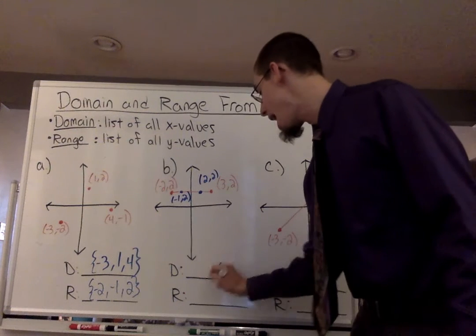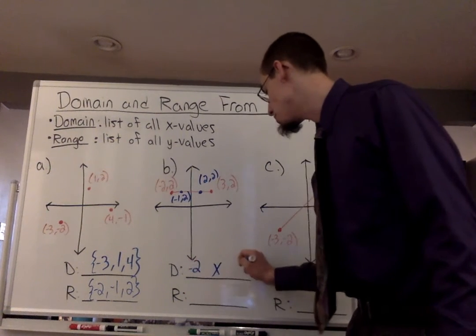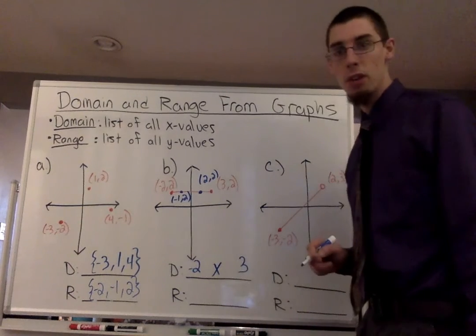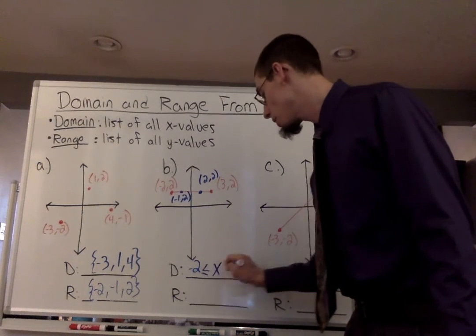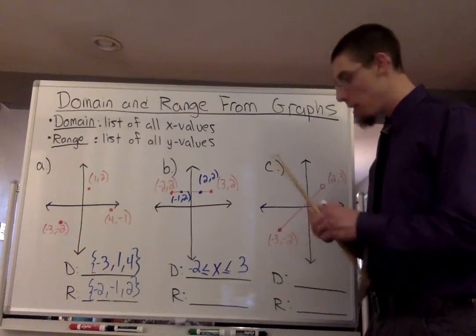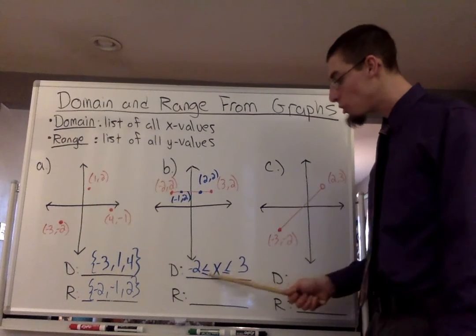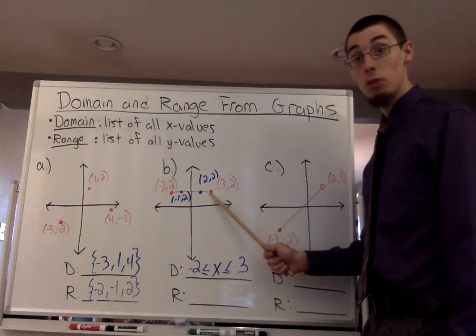So x is between negative 2 and positive 3. And I just need inequality symbols: less than or equal to, less than or equal to. How come it was less than or equal to? Because those are closed circles.